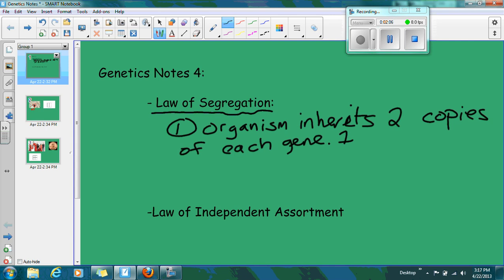Where does it get each gene from? With two copies of each gene, they can have different things on them. Sometimes they can be different, which is called heterozygous, and sometimes each copy can be the same, which means it's homozygous. You get one from each parent.